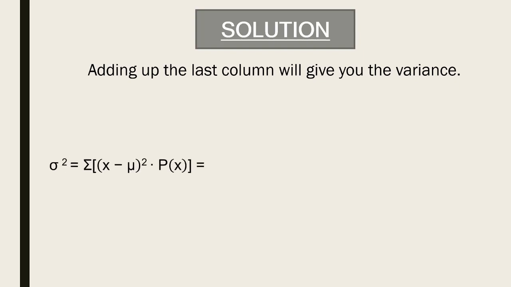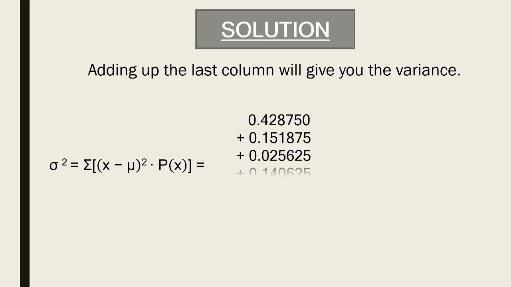So the 0.428750, 0.151875, 0.025625, and so on. And we'll just do this old school, right? That first column, we add it up, we get 20. So we put down a 0 and we carry a 2. 2 plus 5 is 7, then 14, 16, 18, 23, 30.